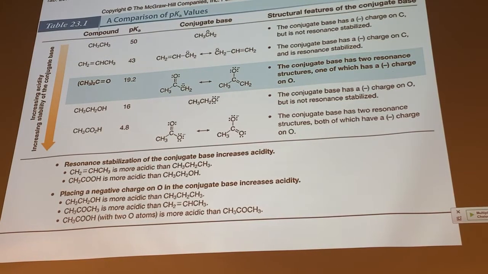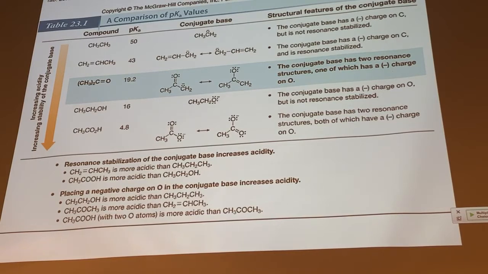As you'll see in a moment, there are some special types of ketones that will be more acidic than alcohols, but not a normal ketone. Okay? Any questions about this chart here? Again, it's not necessary to memorize the values in the chart, but to understand the relative positions of these compounds is important. So we know here the pKa of a ketone is right around 19.